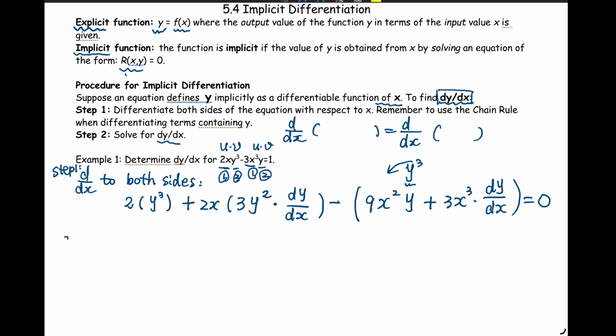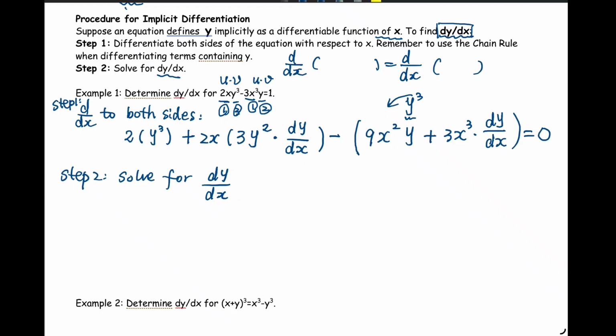Then step 2, we are going to isolate dy by dx. So we call it solving for dy by dx. We are going to collect the dy by dx together. So we have dy by dx here, and we have dy by dx here. We need to get rid of the bracket in order to collect the like terms.